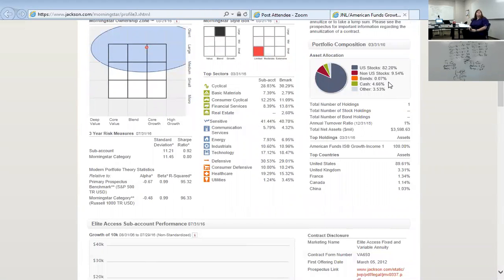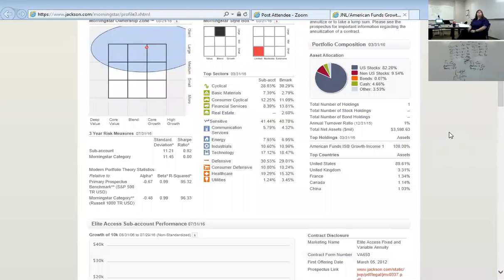If I were to present this to, I'm going to assume here, each of you have, let's just assume we have a 401k plan or a 403b, some type of retirement plan. And you were presented with this investment.